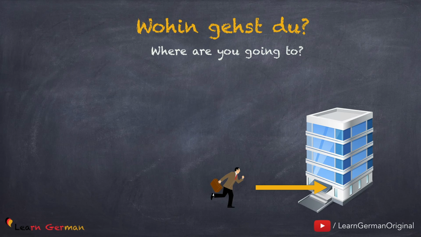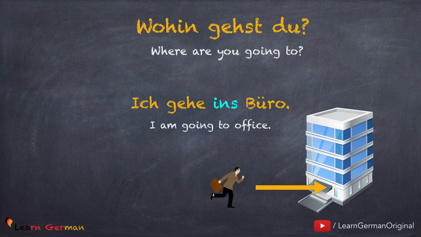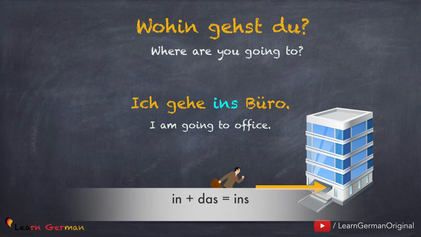Wohin gehst du? In this case, there is a change of position. That means there is an action. The answer would be Ich gehe ins Büro. In this case, in plus das changes to ins.